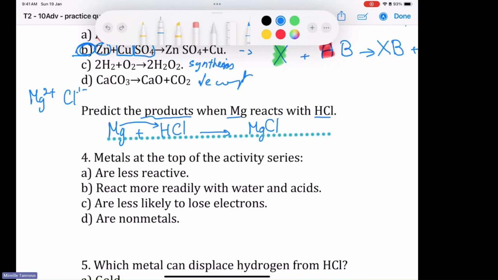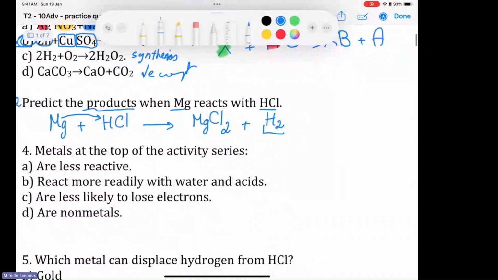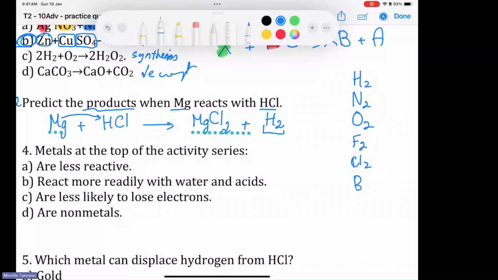And the 2, we erase it and put it over here. So the formula would be MgCl2 and hydrogen. Hydrogen is part of the 7 diatomic molecules that you will always write with 2.